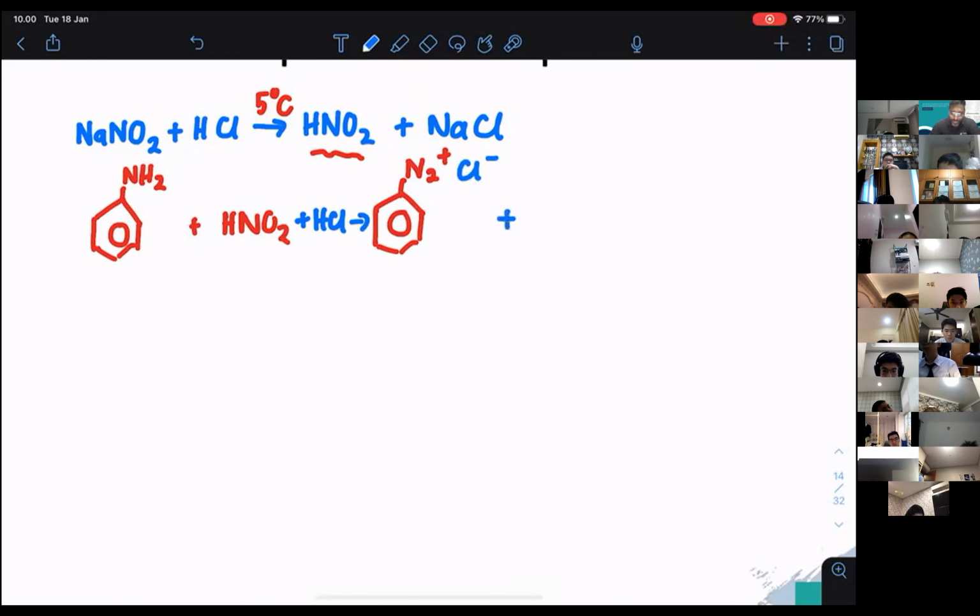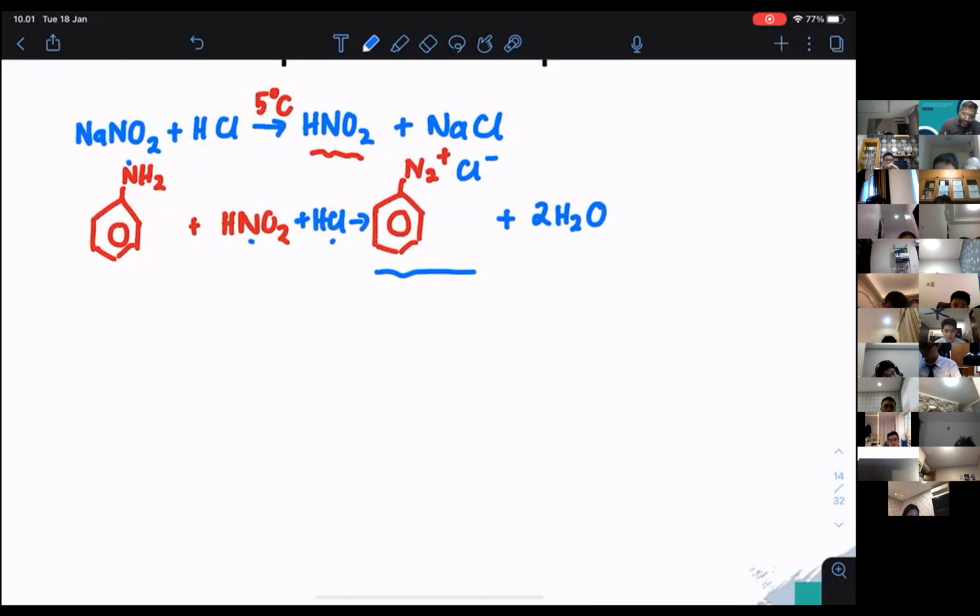And the leftovers: nitrogen already used, Cl already left, so basically you are going to have water, how many you can actually calculate, and you will get 2H2O.